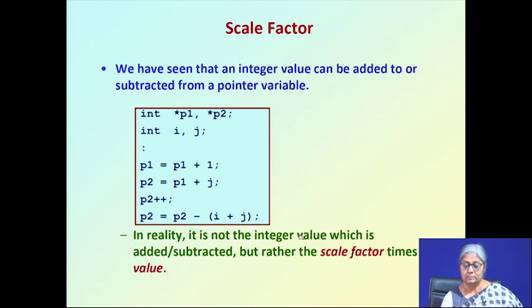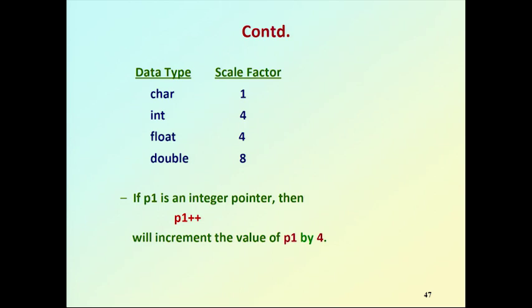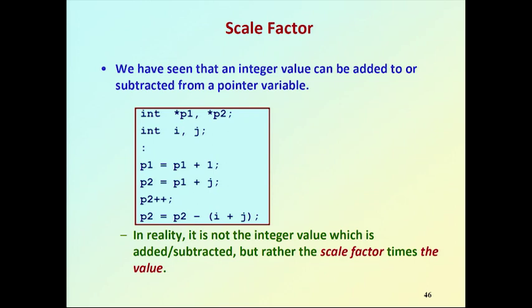In the earlier slides, what is P1 + 1? That means 4 bytes will be added. So P1 + j means 4 into j bytes, 4j bytes will be added, because for each one it is 4 bytes, and for j it will be 4j bytes. So the pointer can be incremented by integer values, and this integer is actually a scale factor.